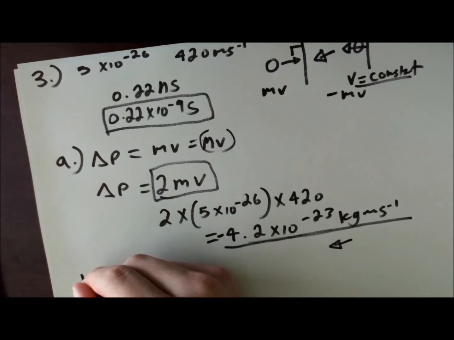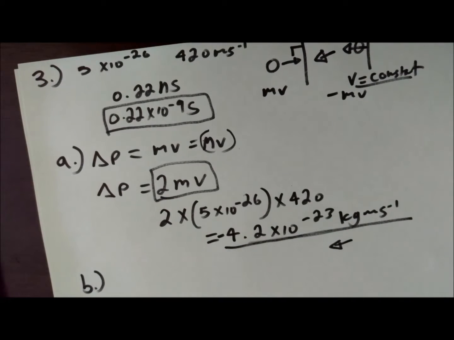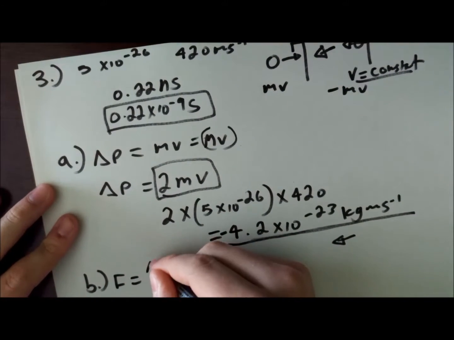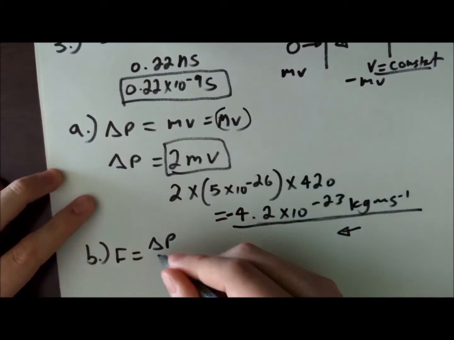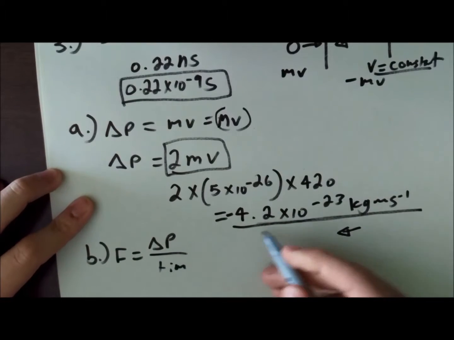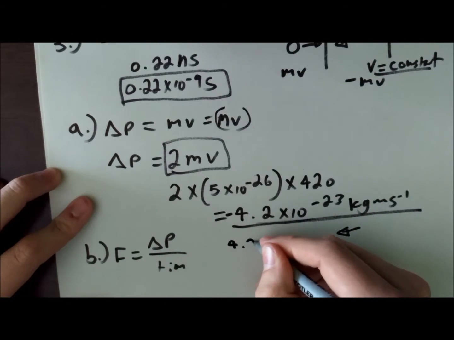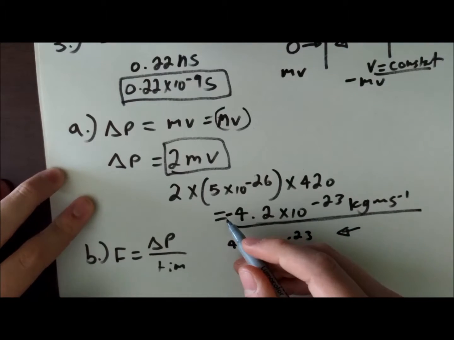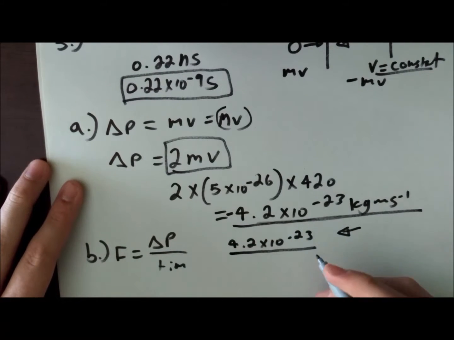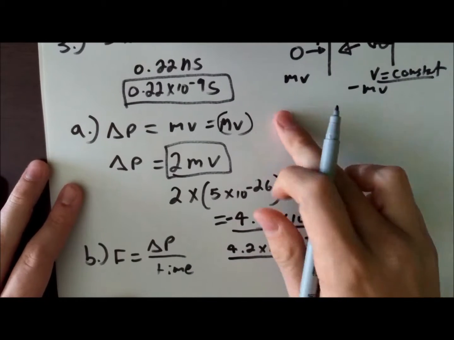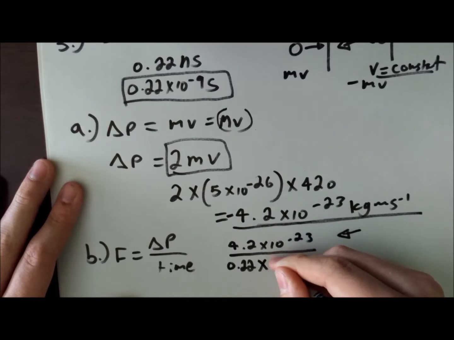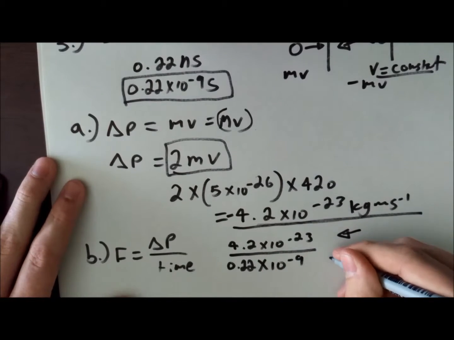Now, part B. What is the force on the molecule? Well, again, we need to find force, so we need change in momentum, and we need time. We just worked out change in momentum, 4.2 times 10 to the minus 23, don't worry about the minus sign, divided by time, which we're given as 0.22 nanoseconds, which would be times 10 to the minus 9.